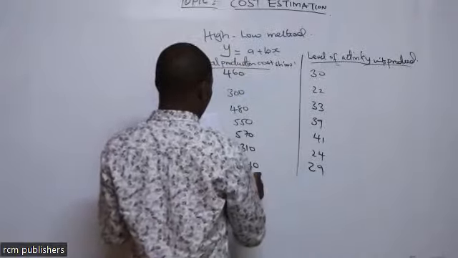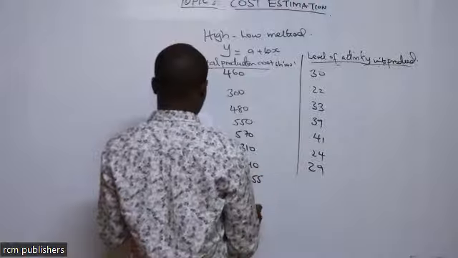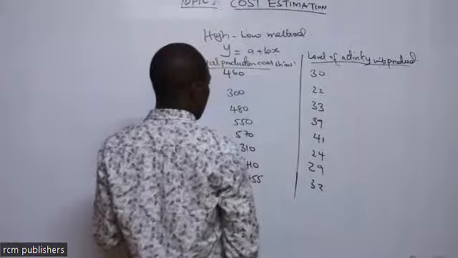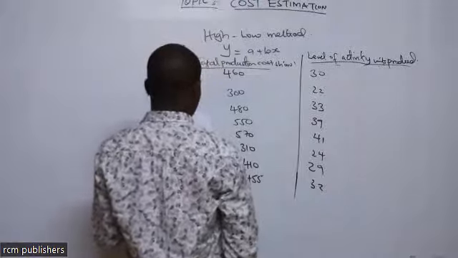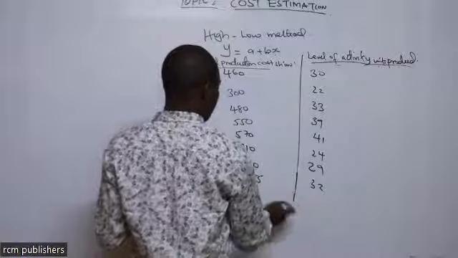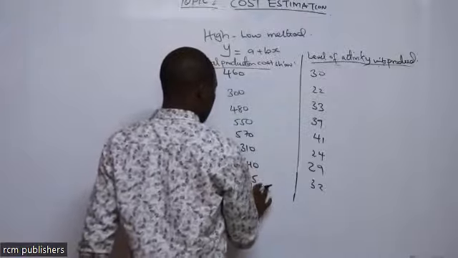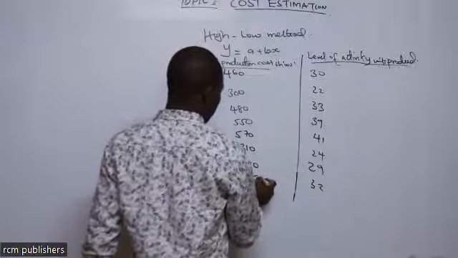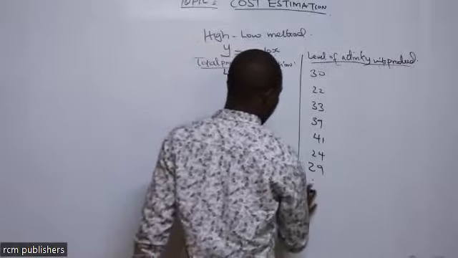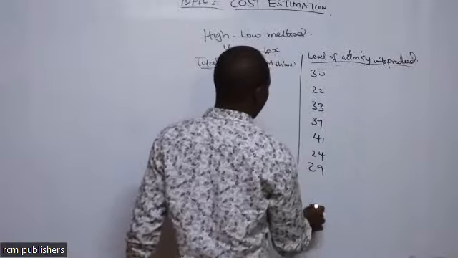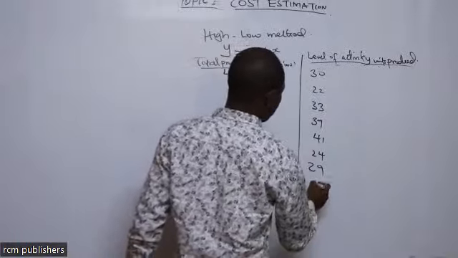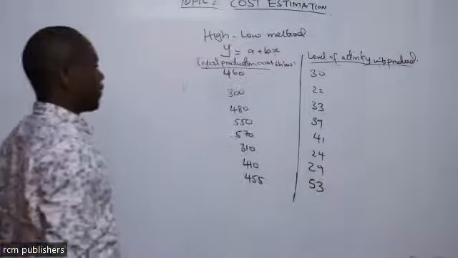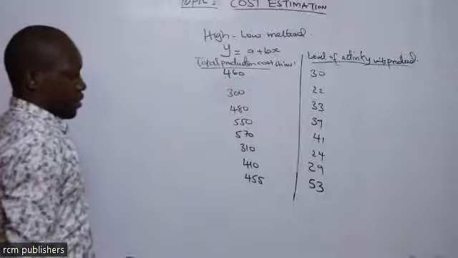Then we have 455 against 32. Then we have, let me just modify this to meet my interests, 555 against 53. Let's just have something of that kind.